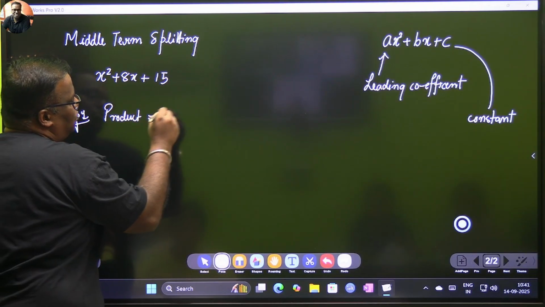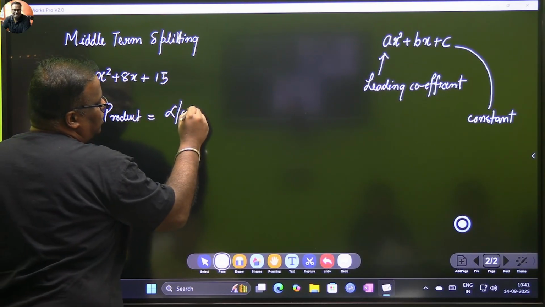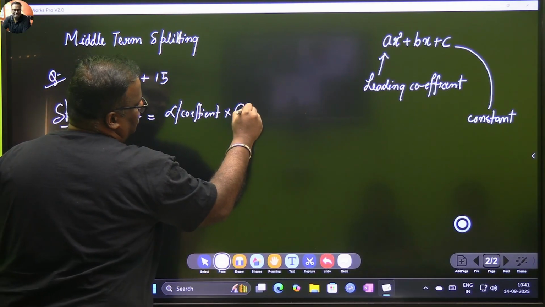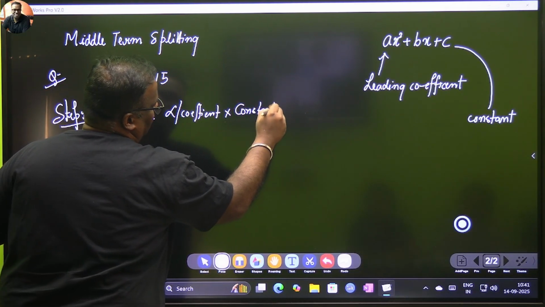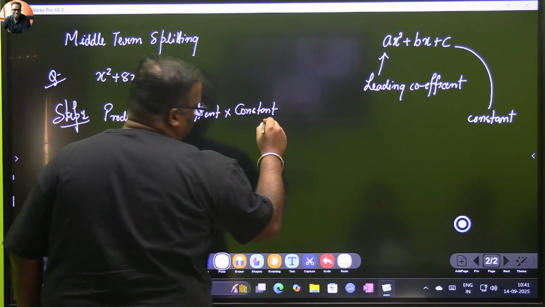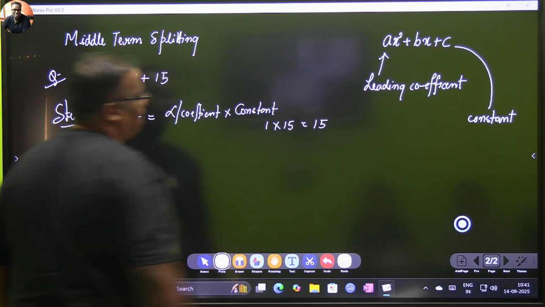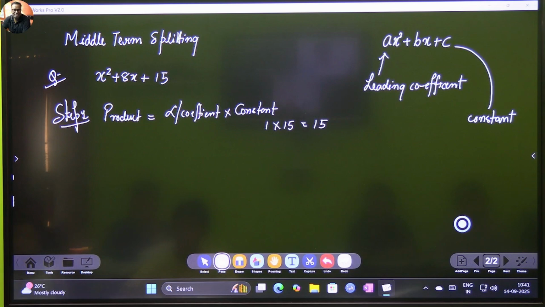The product should be of the leading coefficient multiplied by the constant. So in this problem, I'll be multiplying 1 into 15 and I get 15.